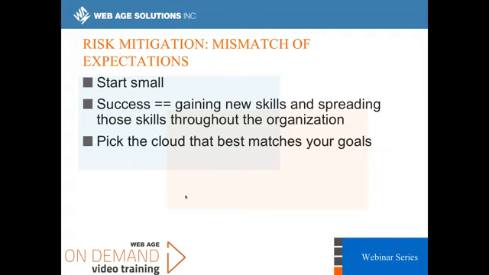Two to five years from now, where do you want to be? Do you want to be in a cloud that matches your cost control goals? Do you want to be in a cloud that matches your goals to leverage big data? You know, if you're an insurance company, one of the problems with an insurance company is ensuring things like, hey, I just wrote this policy.